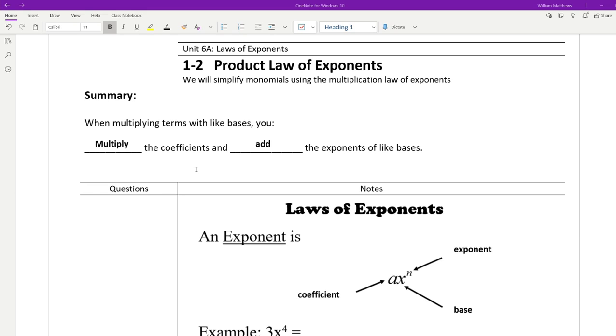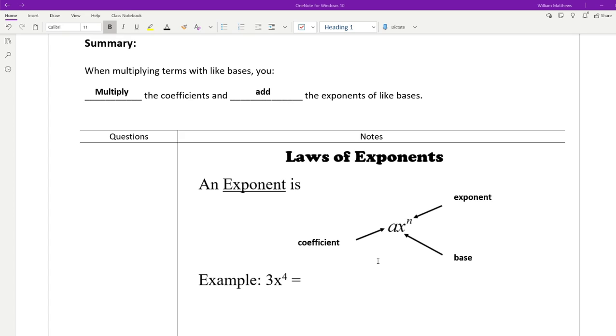First, understanding the rules. When multiplying terms with like bases, you multiply the coefficients and add the exponents of like bases. Now, this is the first time for my class that I am explaining that the variable in the situation is named the base.